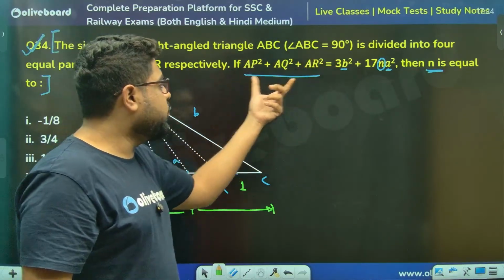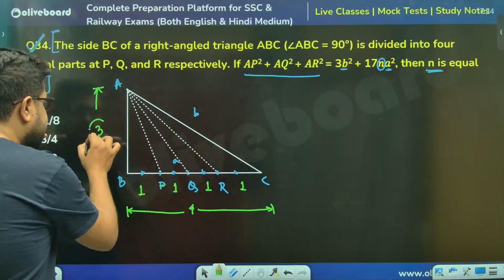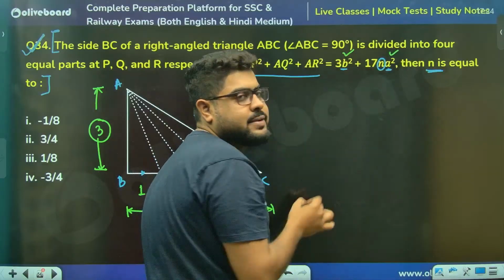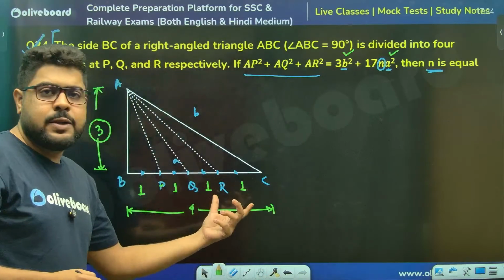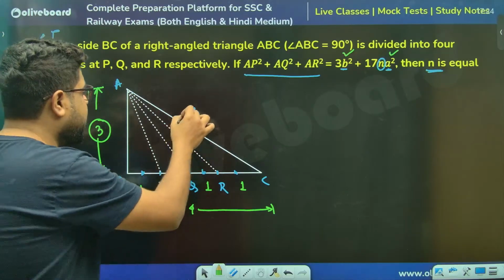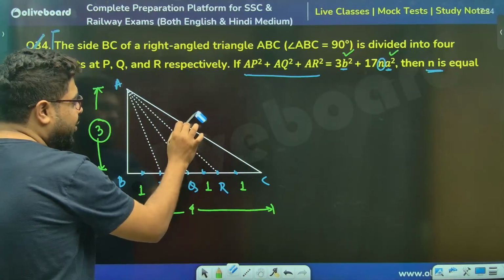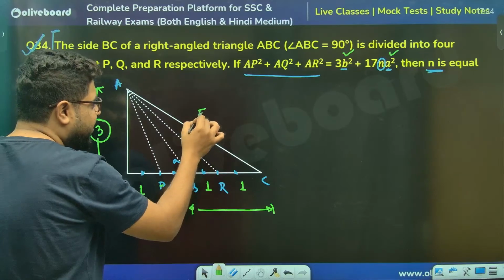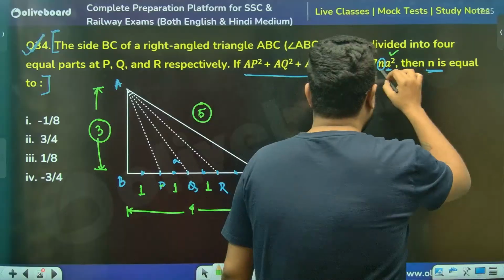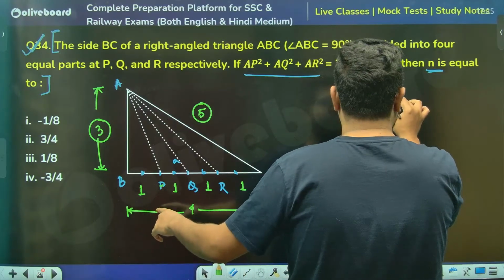This condition has nothing to do with C. It is dependent on B and A. A I have assumed something, so C I can assume anything because it depends on A, B. Now once I take 3 and 4 here, B automatically becomes 5. Why? Pythagorean triplet. So B is 5 and A is 4.